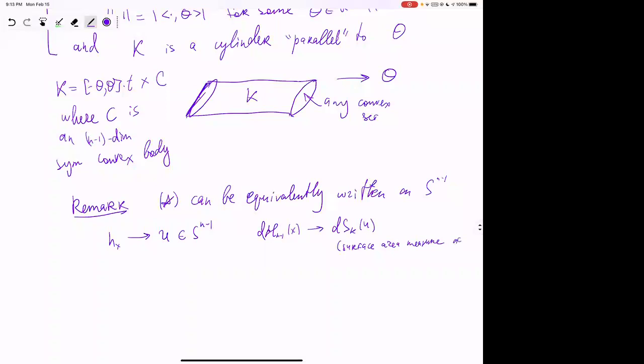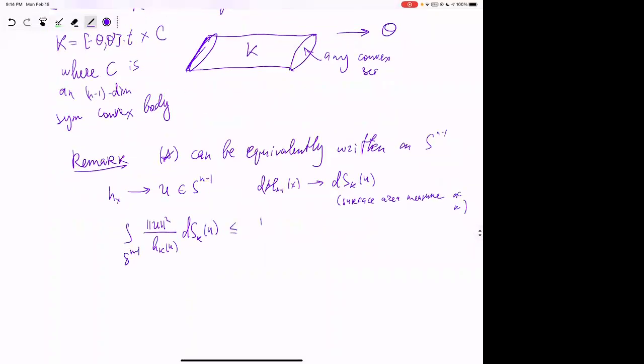So the surface area measure of K. I can write it as an integral over the sphere, where I shall have the semi-norm of u squared at the bottom, as I already explained, I will have the support function evaluated at u, d S_K of u, where S_K is the surface area measure I have here, and it's bounded from above by 1 over the volume, times the integral of the norm of u, dS_K of u, squared.